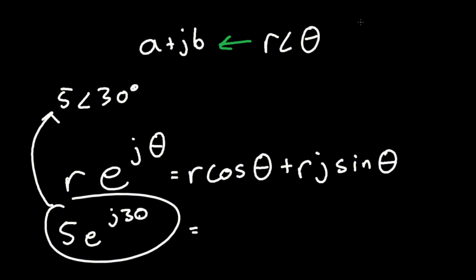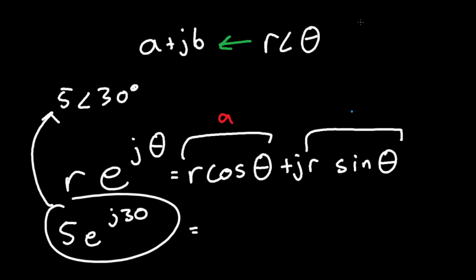Well, you can turn this 5e to the j30 into a format that looks like so. And r cosine looks a lot like a, right? The real part of your complex number. And I'll switch this around, so you have jr sine, which looks a lot like b, doesn't it?